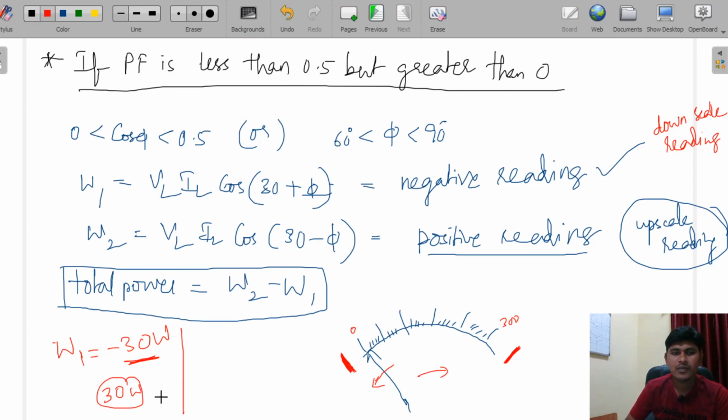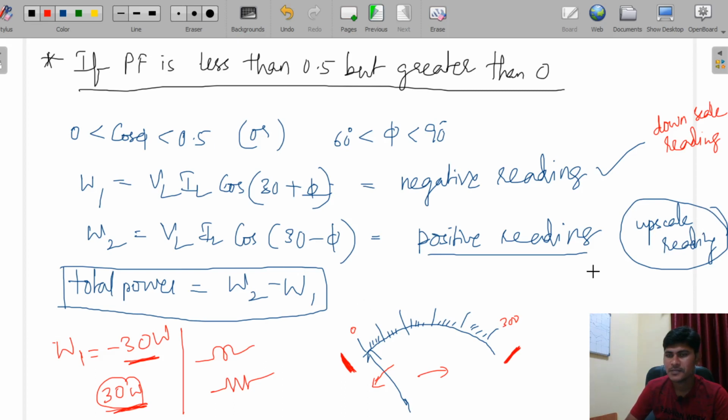So how can I allow this wattmeter to give a positive value? In order to obtain an upscale reading or positive reading, either you reverse the current coil or the pressure coil of the wattmeter. Then an upscale reading will be obtained.